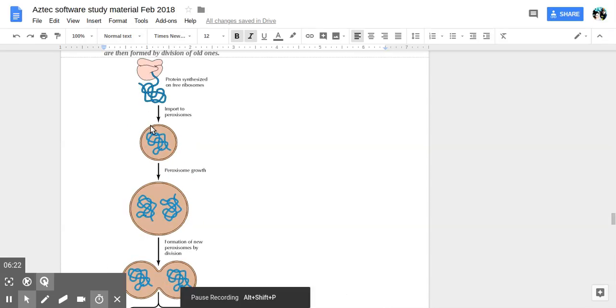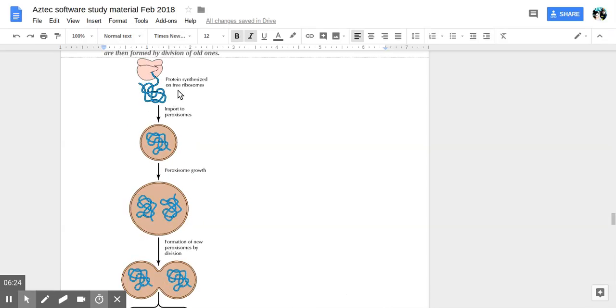The proteins or enzymes are synthesized by the free ribosomes, which come into the peroxisomes.